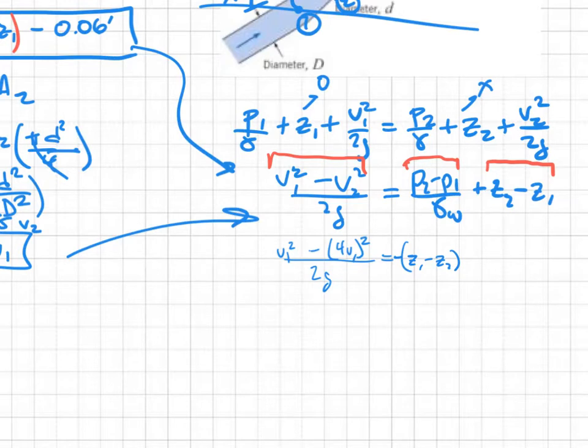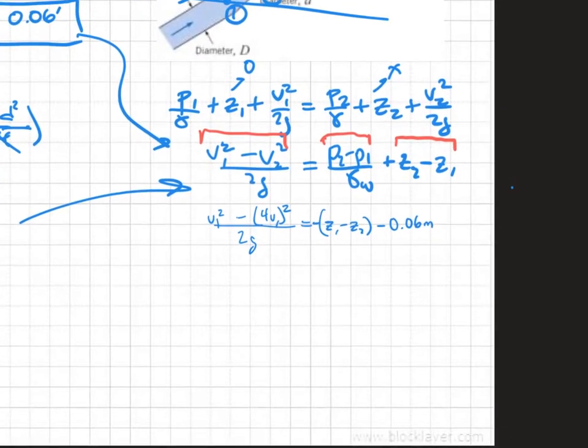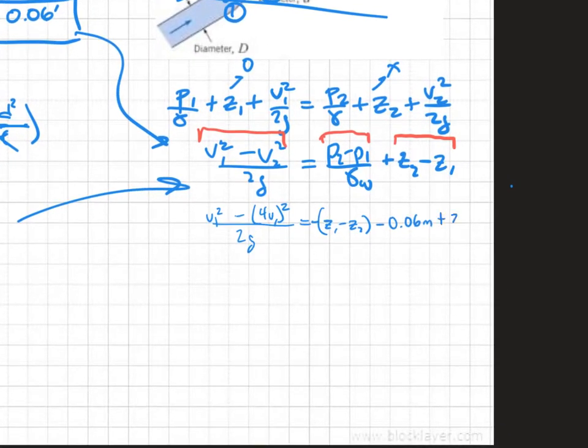Okay, minus 0.06 meters from up top, plus Z2 minus Z1. Noting that Z2 minus Z1 right here and minus Z2 minus Z1, these things are going to cancel.